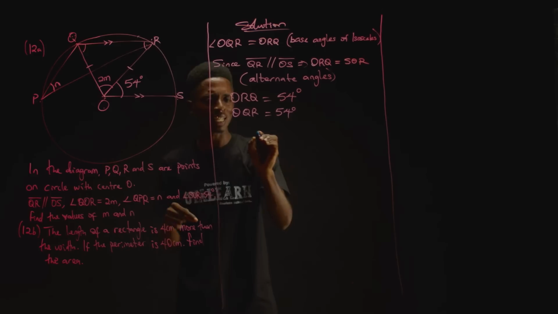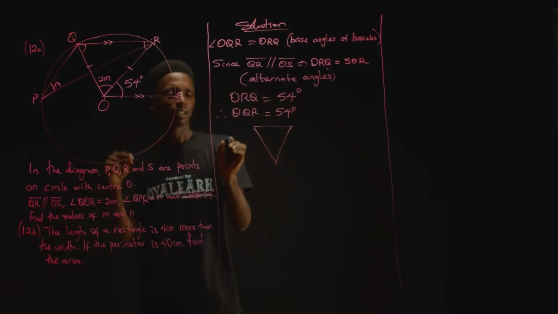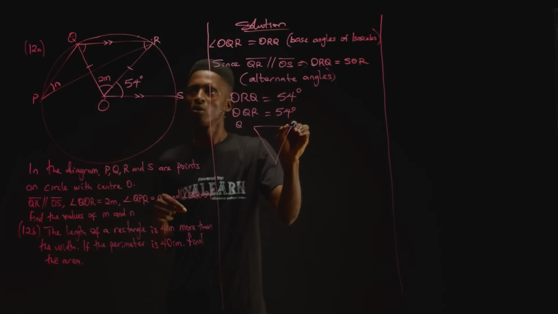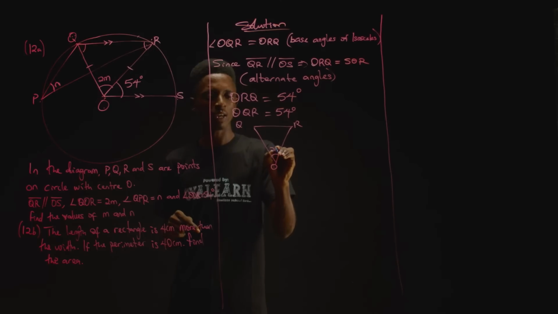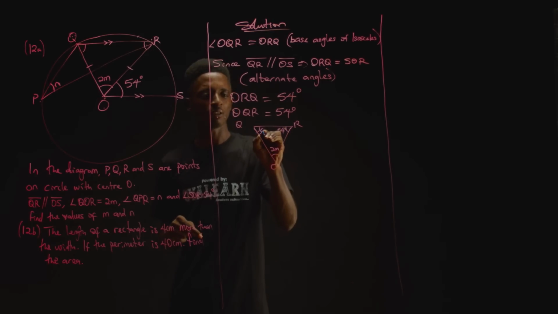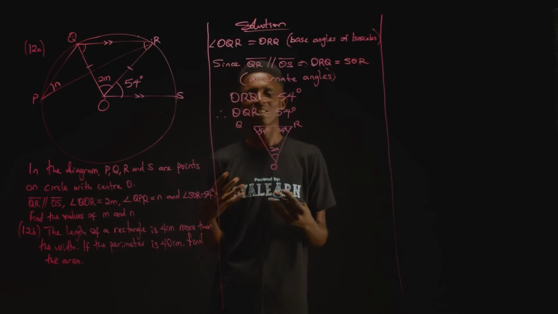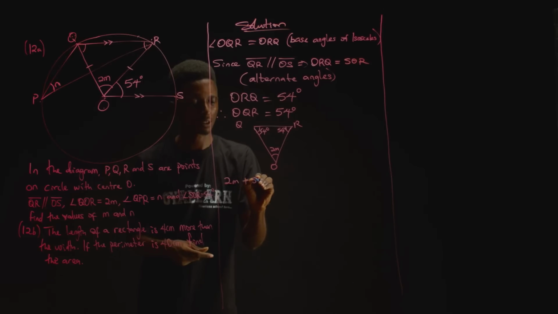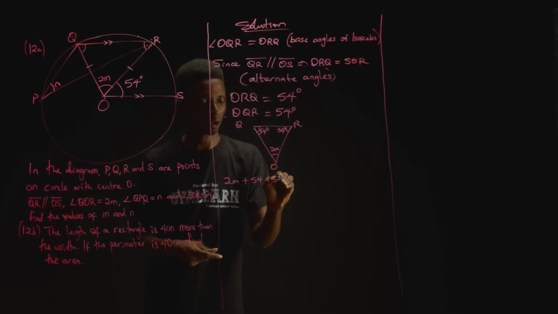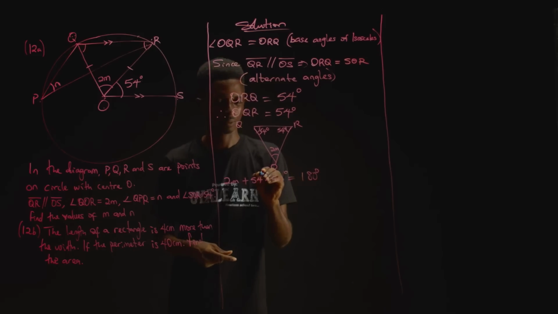And then when we bring that out as a triangle, here, where we have Q, R, and then O, with this being 2M, this being 54 degrees, and this being 54 degrees, we can use that to get our M using the sum of angles in a triangle. That is 2M plus 54 plus 54 should give us 180 degrees.